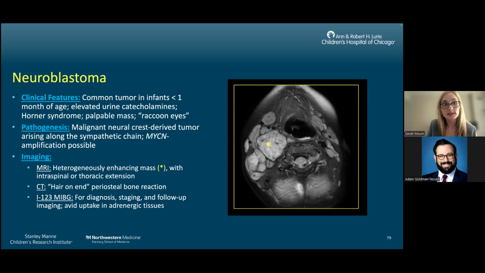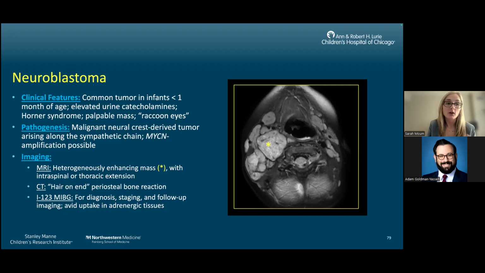If you do have a CT, that can be helpful for looking for that hair-on-end periosteal bone appearance. And MIBG imaging is going to be important for diagnosis, for staging, and for follow-up during treatment. We'll see avid uptake anywhere adrenergic tissue is present.